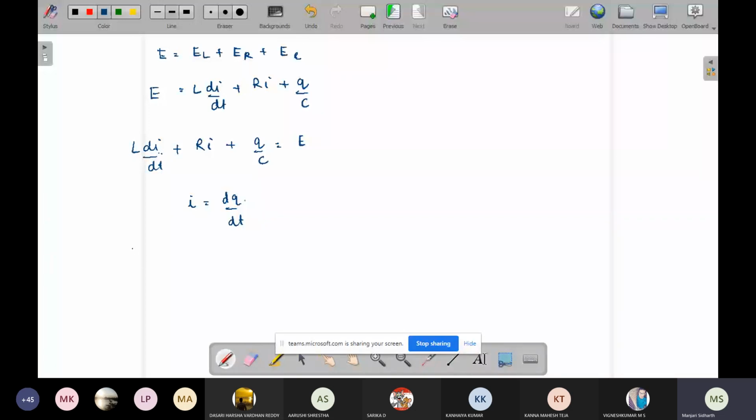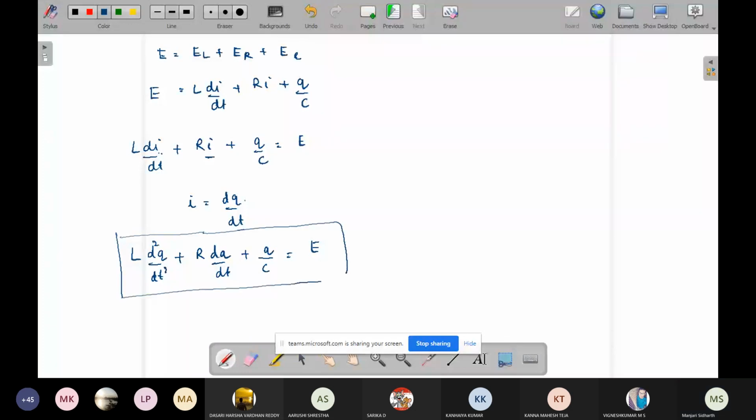So L d2q by dt square plus R dq by dt plus q by C is equal to E. So this is your second order differential equation in the single dependent variable Q. Q means charge here. Okay, now this is your first equation.